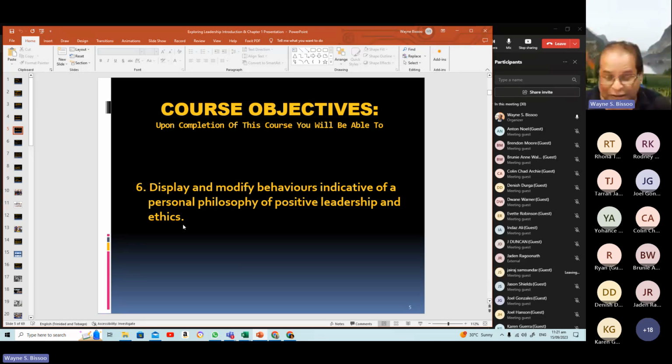So the course we're looking at here has this very lofty objective of getting you to want to change some of your behaviors in relation to leadership and ethical behavior. Not because the course is telling you to do so, but because you have interacted with the material and found that the information provided gives you internal motivation to want to achieve this. That makes sense? We understand that issue there?